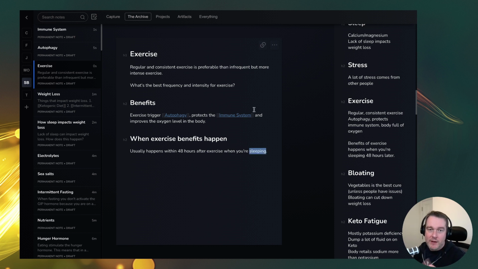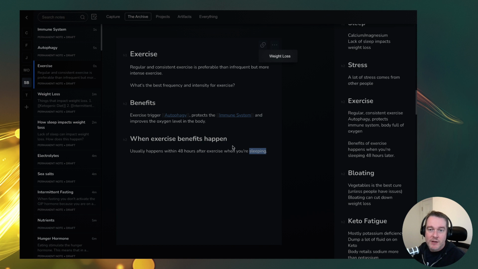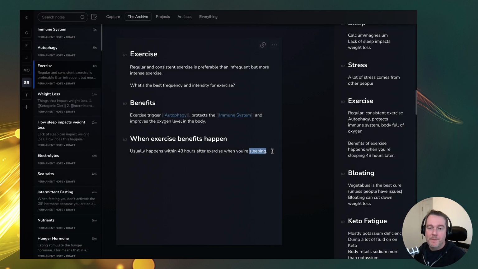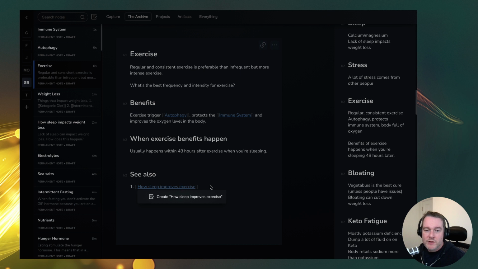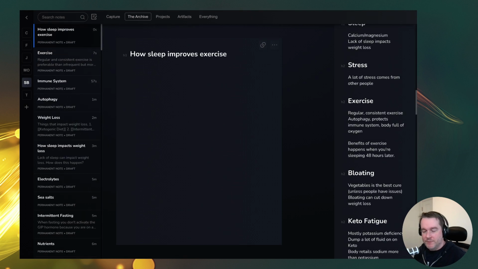We've got sleeping and we've got exercise. So let's link these together, and we'll create a see also: how sleep improves exercise. Could go the other way, how exercise improves sleep maybe. Let's just do it this way around. Let's link sleep and exercise together.